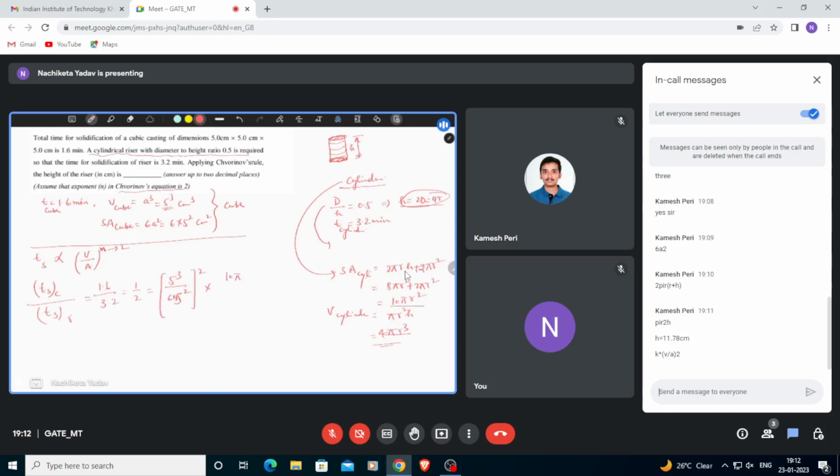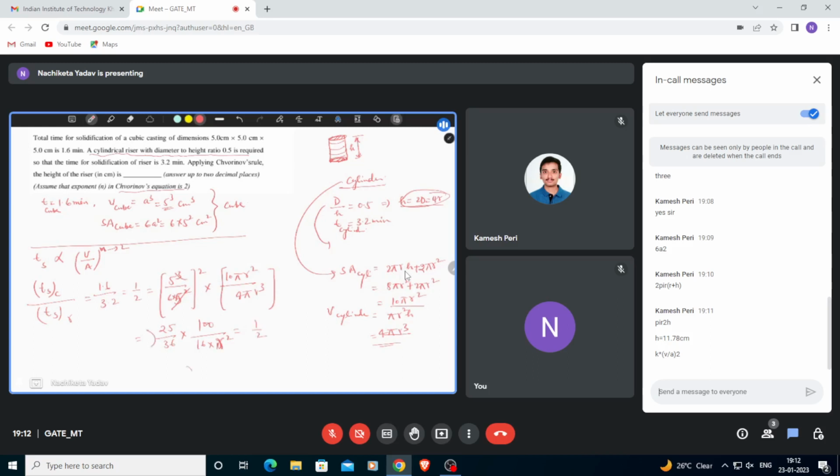10 pi r square by 4 pi r cube. So it will be cancelled out, into 100 by, if you simplify, you simply get the answer, and we already know it is 1 by 2.